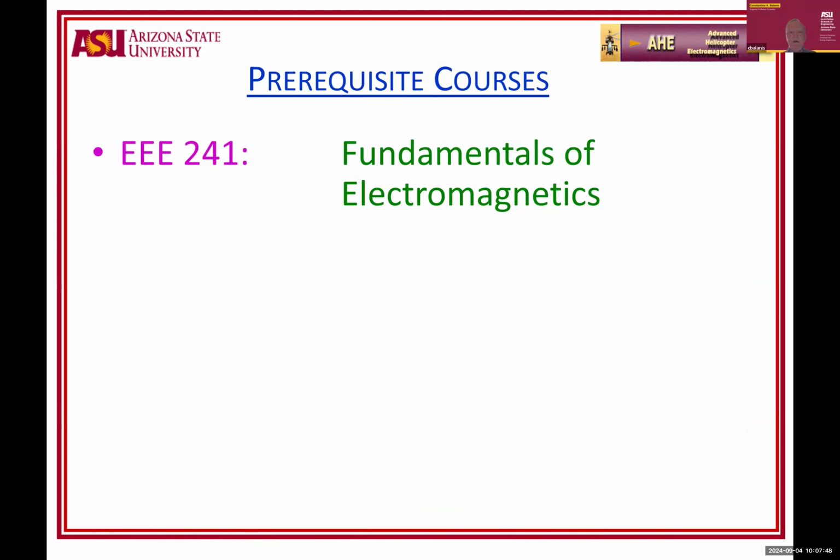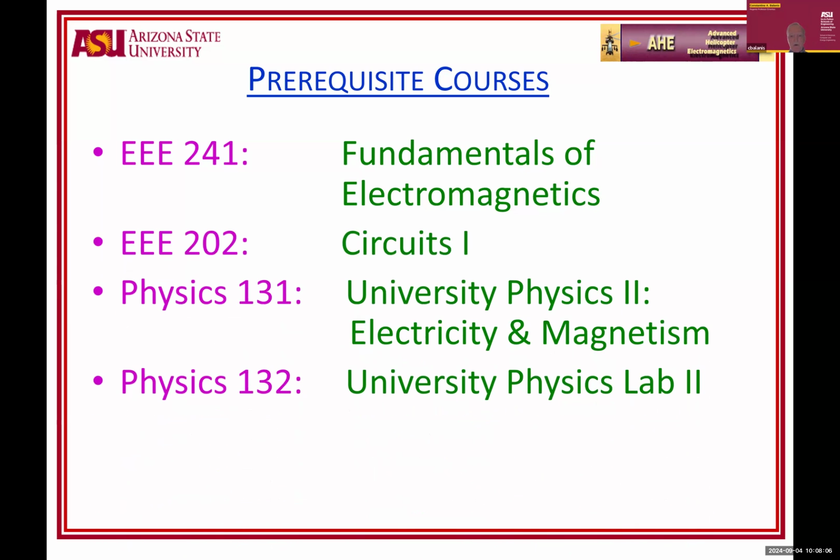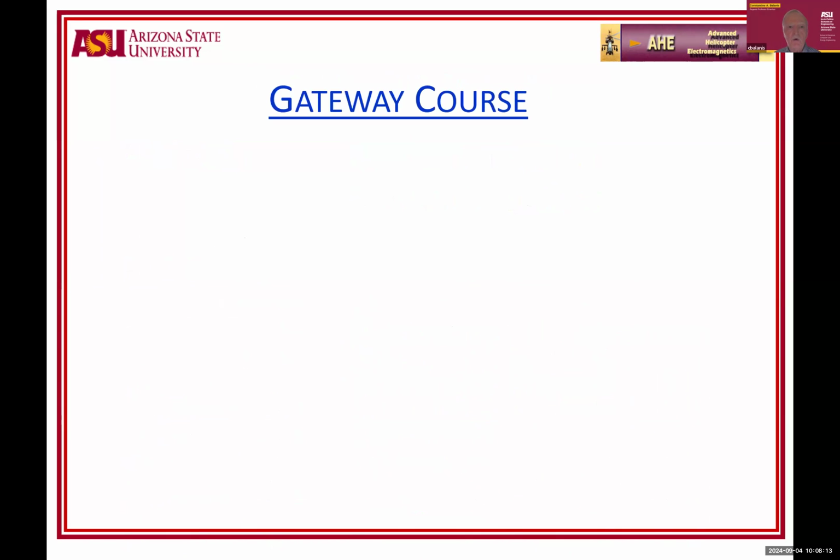Prerequisite courses for everybody in electrical engineering: everybody has to take EEE 241, which, as I already talked about, primarily covers statics. Then circuits, 202, and physics, 131, and the lab associated with it, which is physics 132.